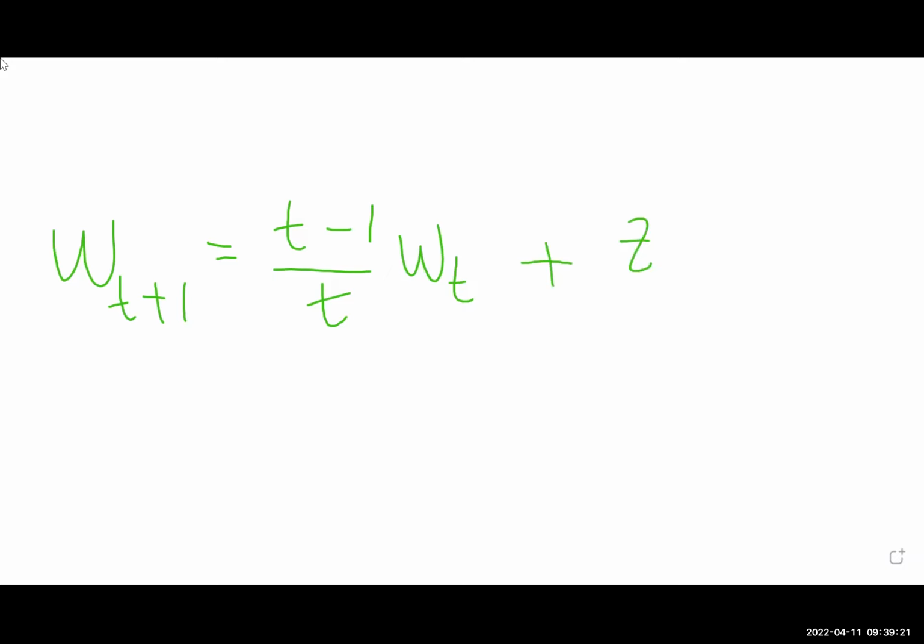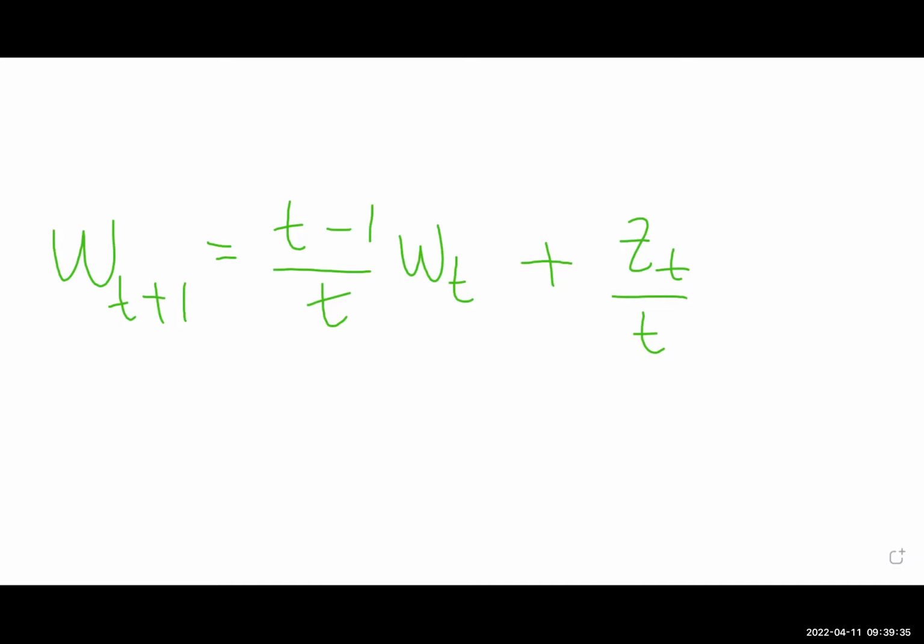Okay, let me clear all the drawing. So what you have: W(t+1) equals (T-1)/T times W(t) plus Z(t)/T. Right? This is your time average. Correct?